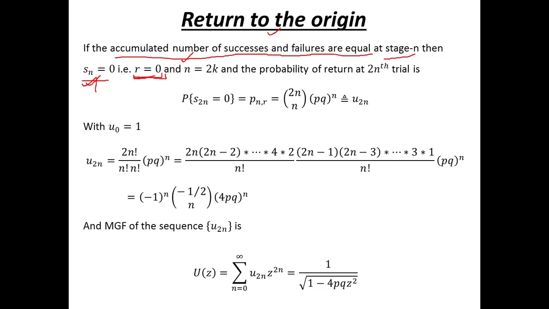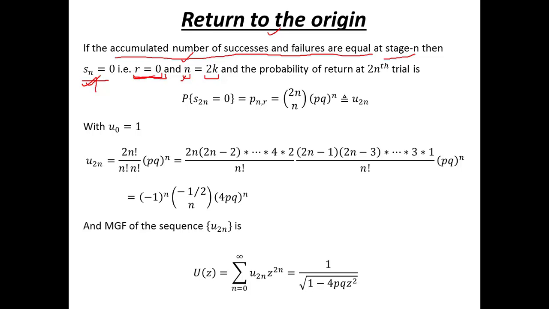And if we consider the number of successes equal to the number of failures out of a total of n trials, where k is the number of successes, it automatically means the total number of trials equals twice the number of successes. So n equals 2k.